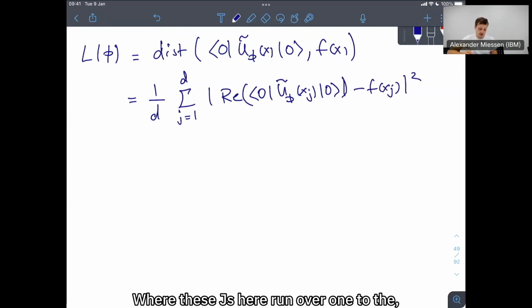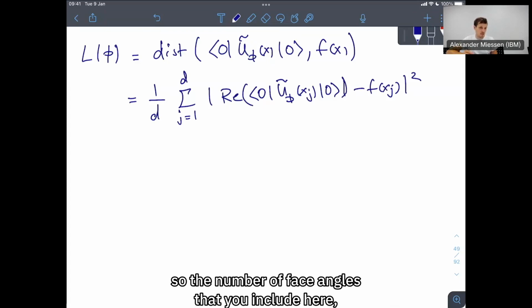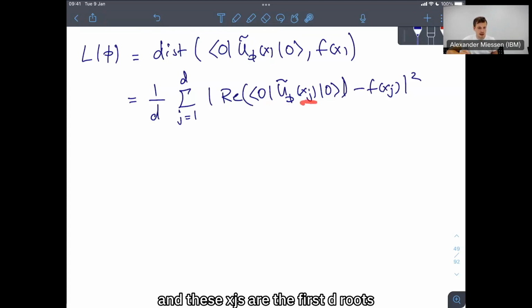Where these j's run from 1 to the number of phase angles that you include here, and these xj's are the first d roots of Chebyshev polynomials.